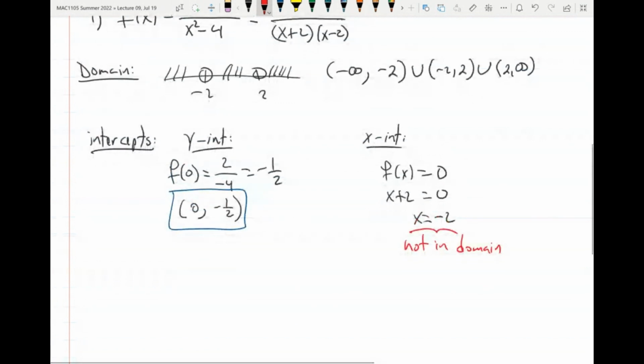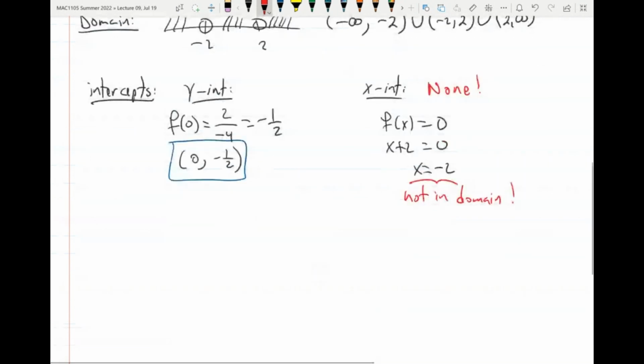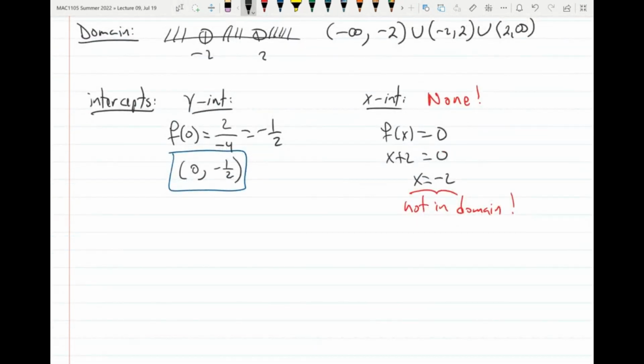Since the domain precisely skips negative 2 and 2, it's not in the domain, so no x-intercept. So we are not supposed to cross the x-axis, okay? And we have a y-intercept. Okay, so we have a domain, we have our intercept. Then what will be the next step?